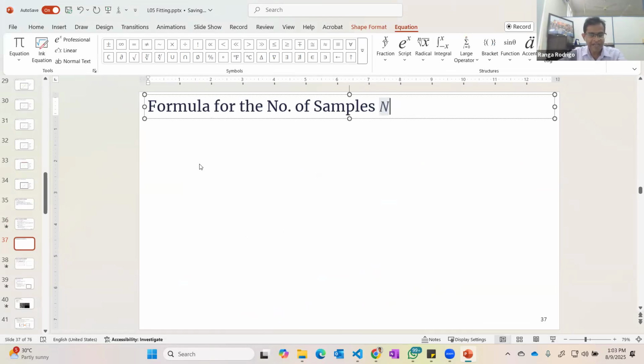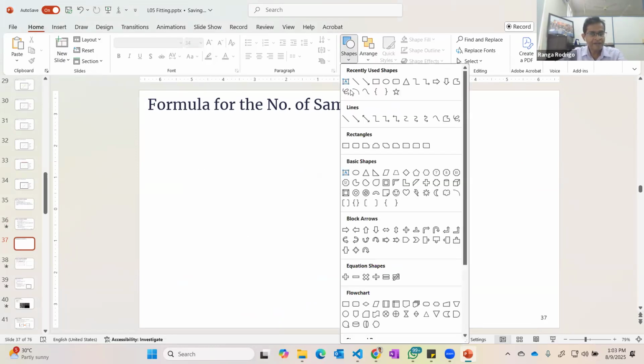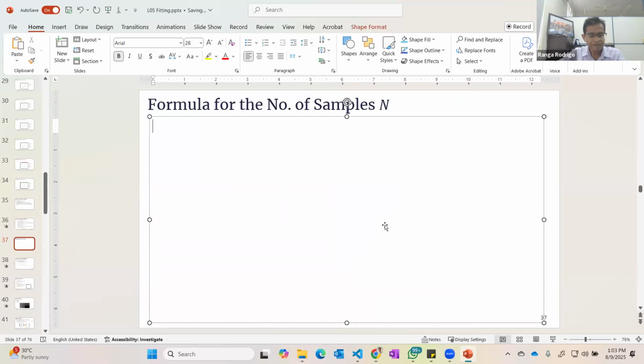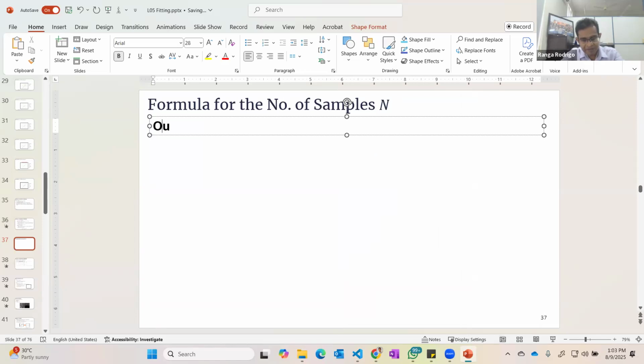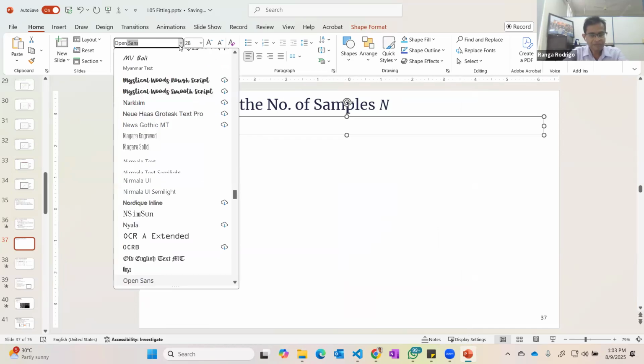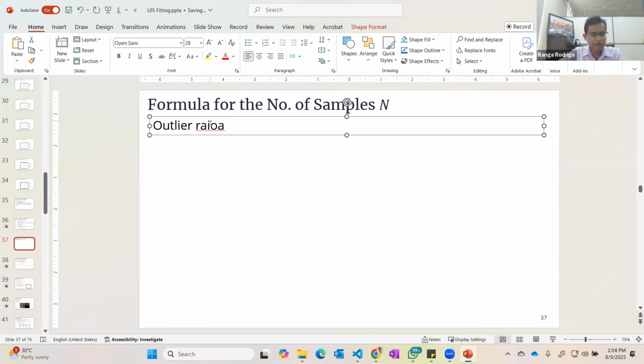So we are computing this by n. Outlier ratio, that is e.